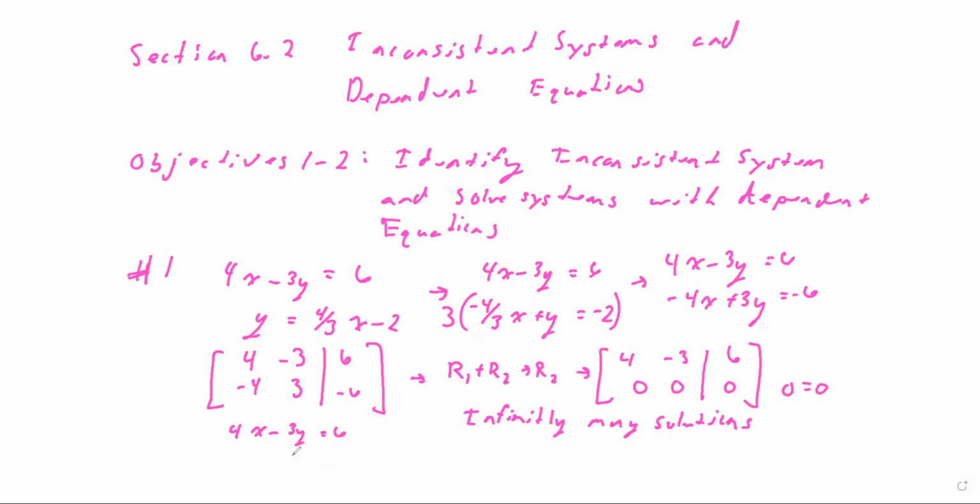I'm just going to solve for y. If I solve for y, I get y equals (6 minus 4x) divided by negative 3. If I simplify that, that'll give me 4/3 x minus 2. Basically what you're stating is your answer will be whatever you want x to be, but then your y would be 4/3 x minus 2.